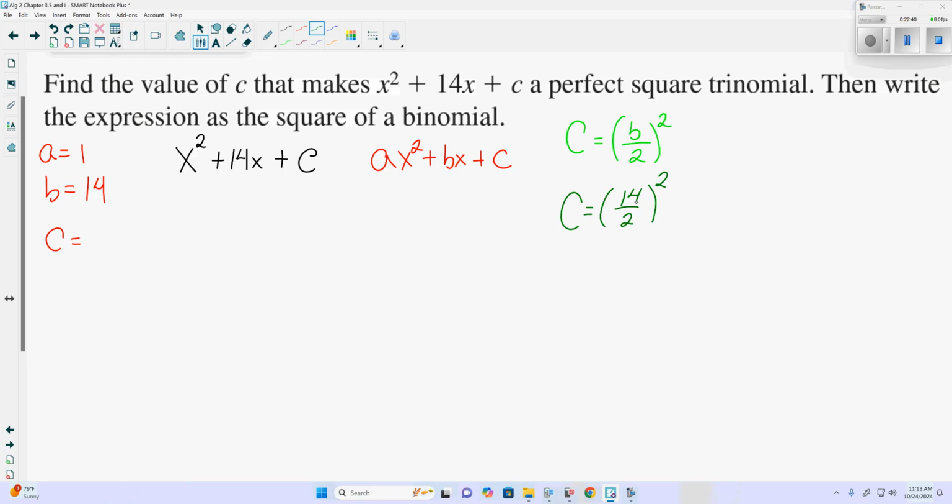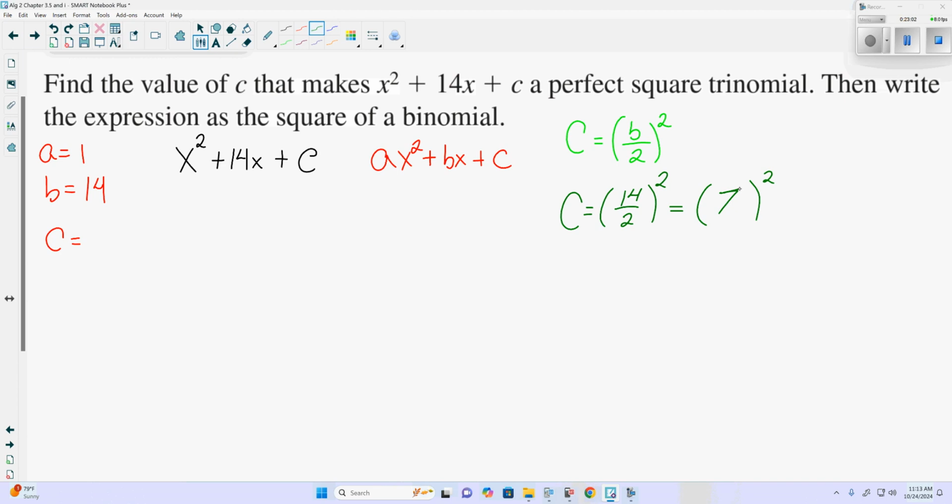Now, at this point, we could type the whole thing into the calculator, let it do it for us. The thing I would suggest, and is going to be very helpful, is to divide 14 by 2 first. Divide what's inside first before applying the square. Here, 14 divided by 2 is 7, positive 7.